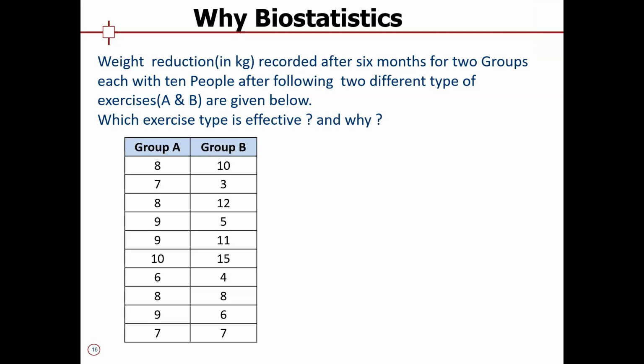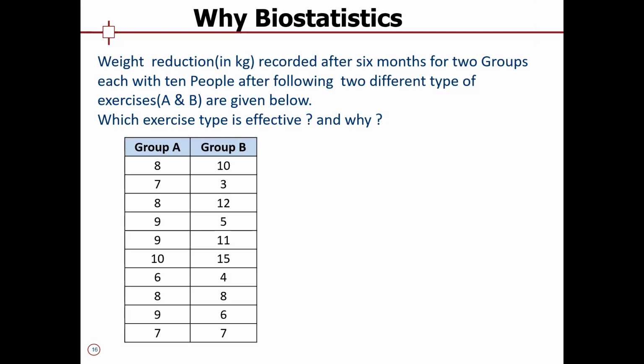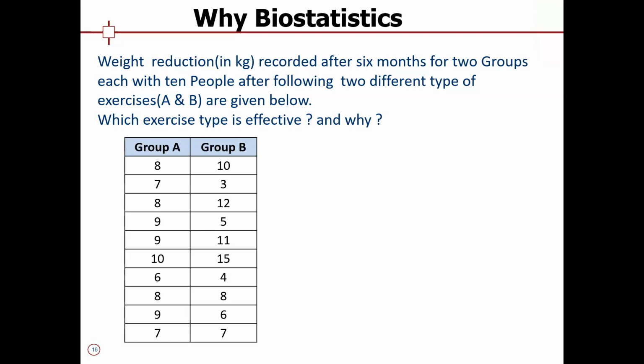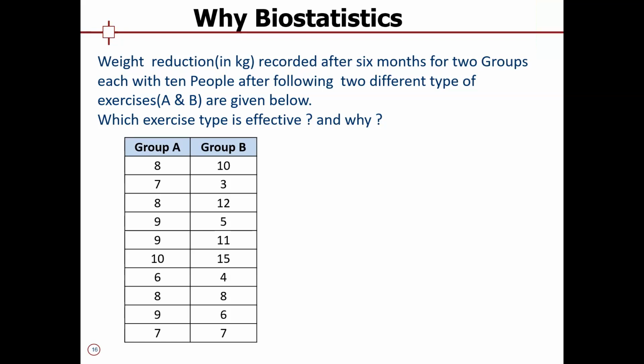Group A. You say group A is effective, right? Almost equal, I think. Why? You have to tell why. Why is group A better than group B? The numbers add up to more than in group B. If you add the numbers, it will be more in group A than group B, I think.